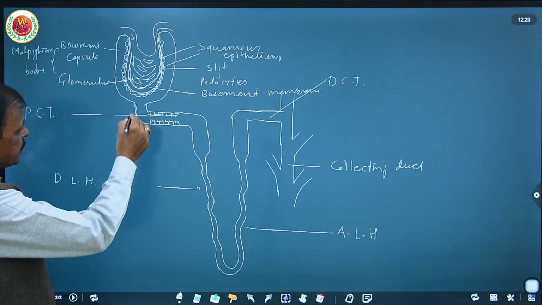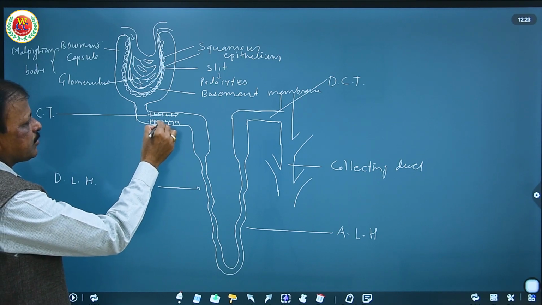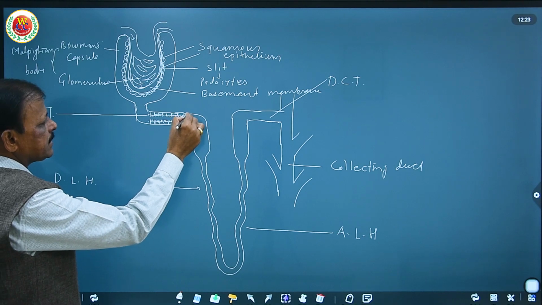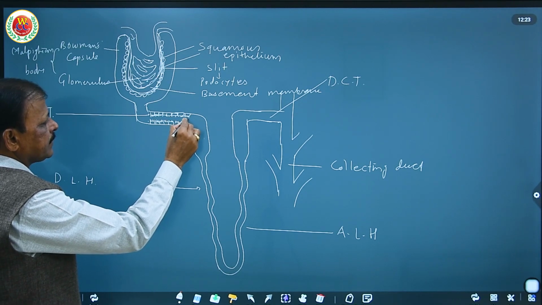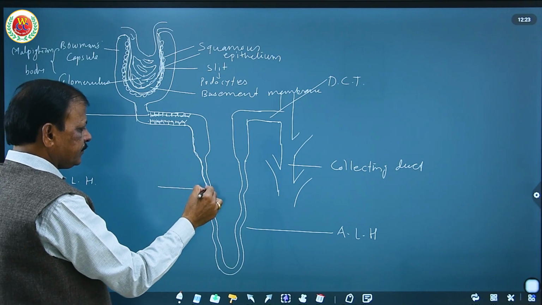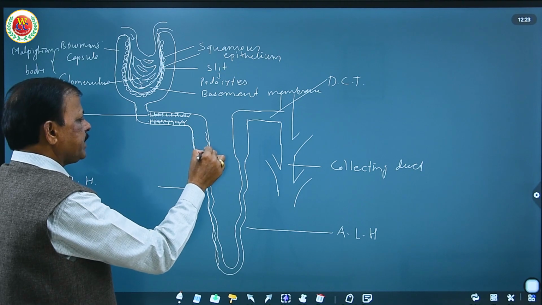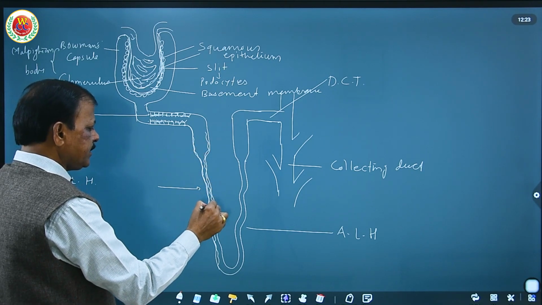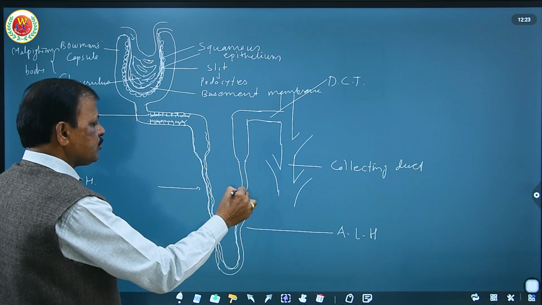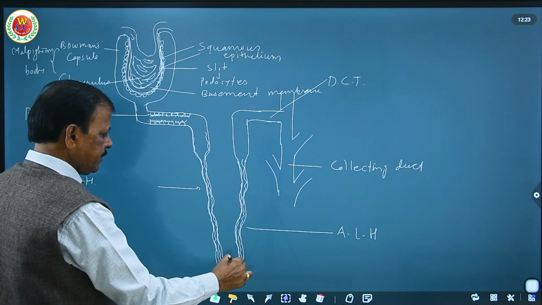Now this is continuing to PCT. Internally it is lined with ciliated cuboidal epithelium. And what does it continue with? This loop of Henle is internally lined with squamous epithelium, very thin.